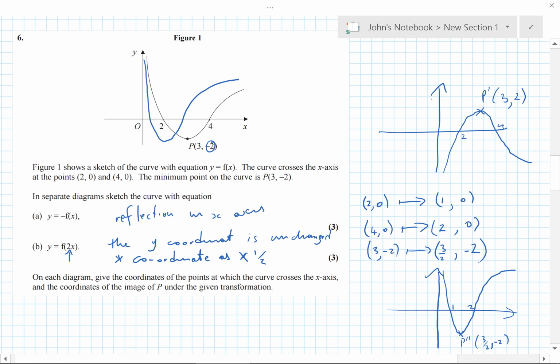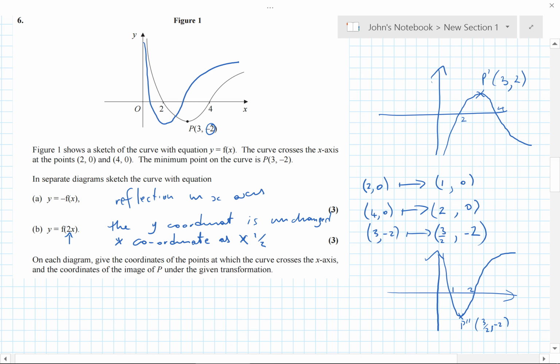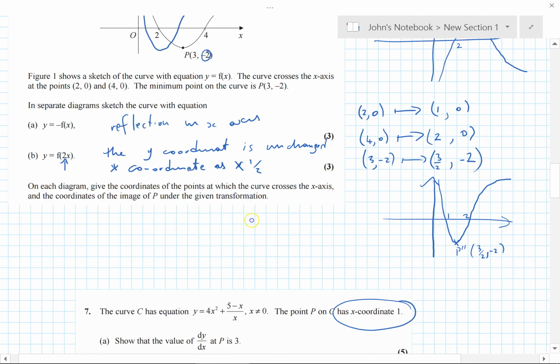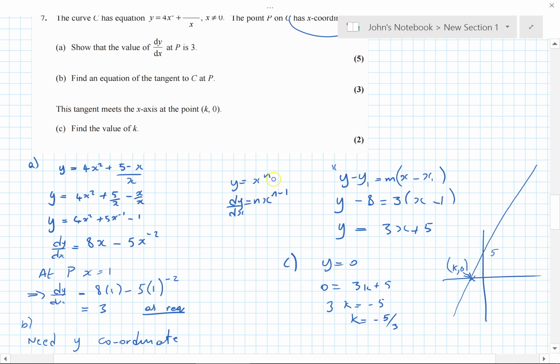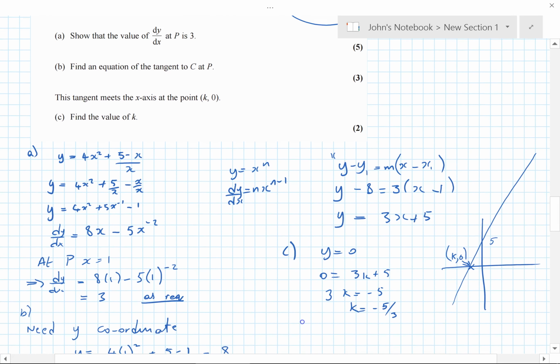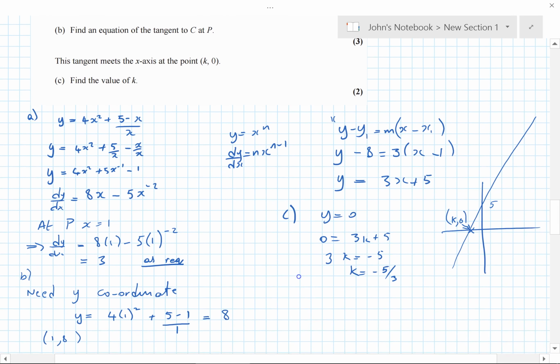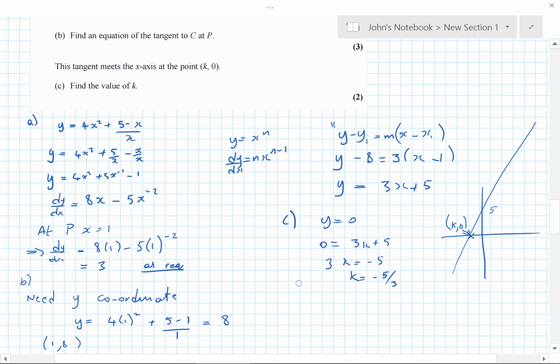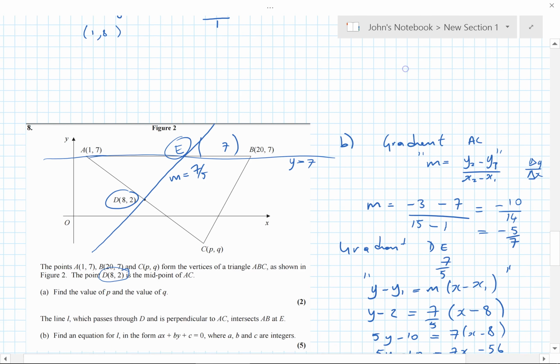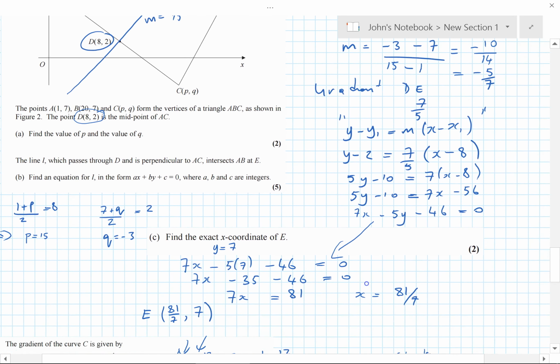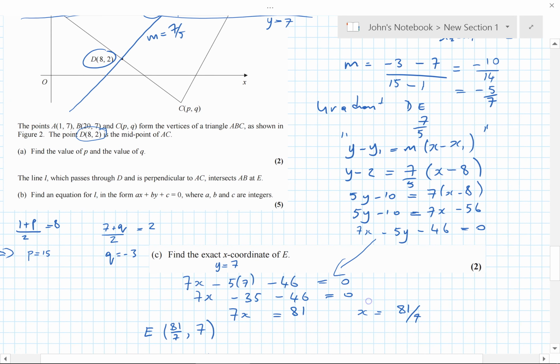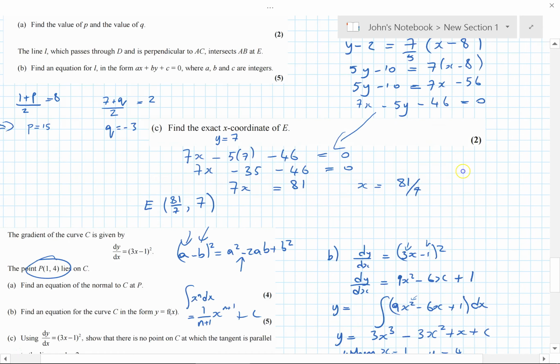Then we've got a question using transformations, a differentiation question there. Okay, and then the coordinate geometry, that was the one where I chopped off part C.